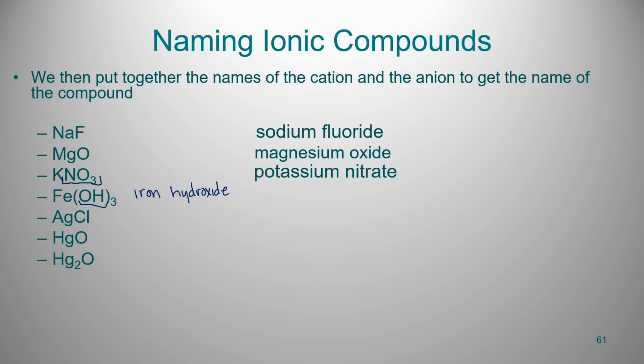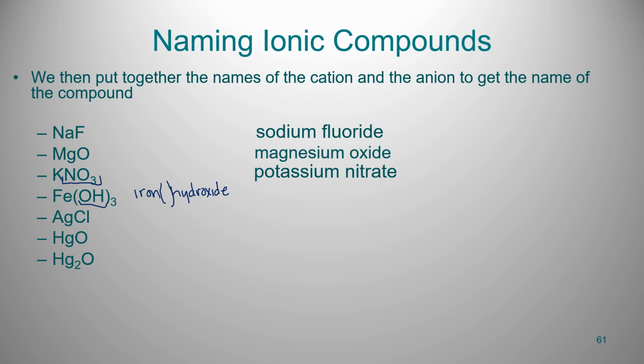And in fact, if I covered this up and I said, write the formula for iron hydroxide, you'd be a little bit lost because even if you looked on that chart with the different charges, you'd see that there's 2 different charges for iron. So what that means is that this name has to have the Roman numeral, because that's the only way that I can tell you what the charge of iron is as part of its name.